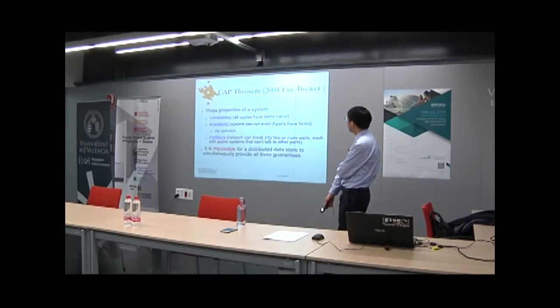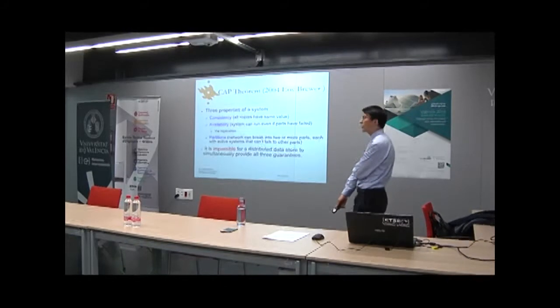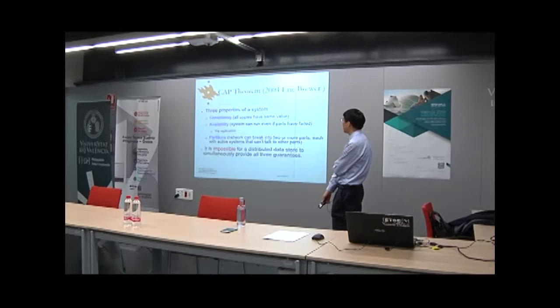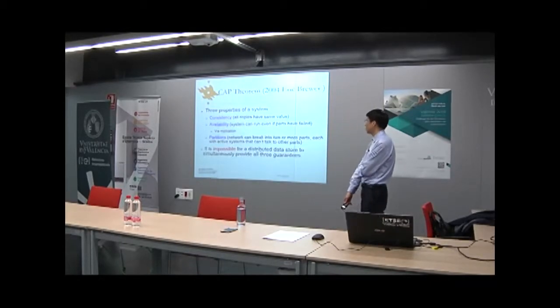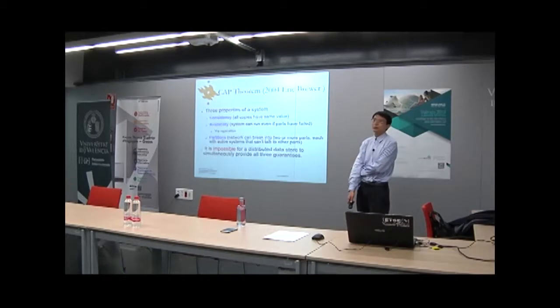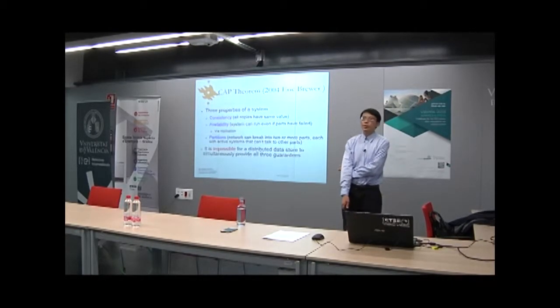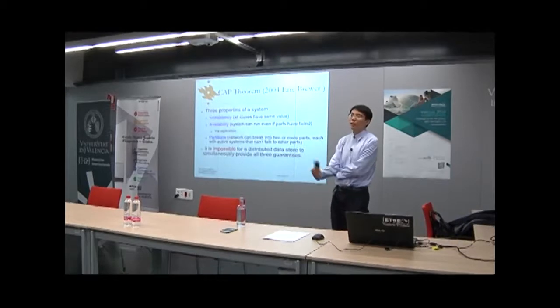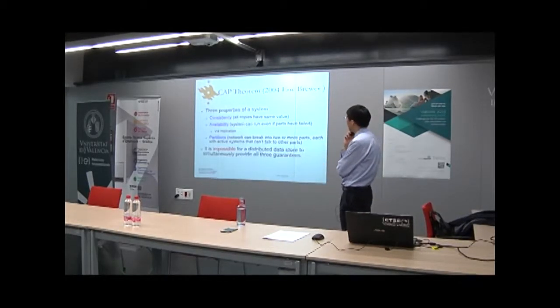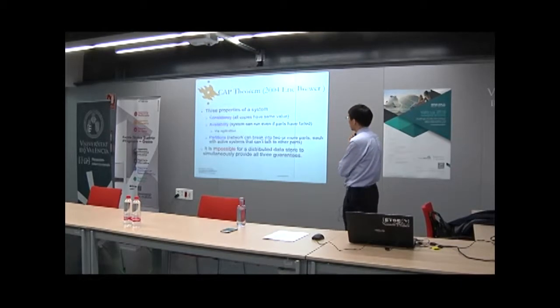Then the third one is P, called partition. Partition means that the network can break into two or more parts, each with active systems that can't talk to each other. Even if the whole cluster has been broken into different parts, the system still can run. So this is called tolerance of partitions.